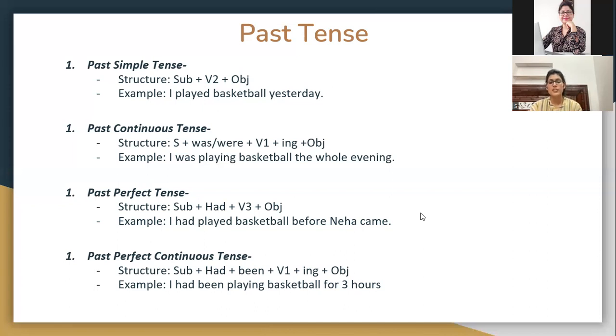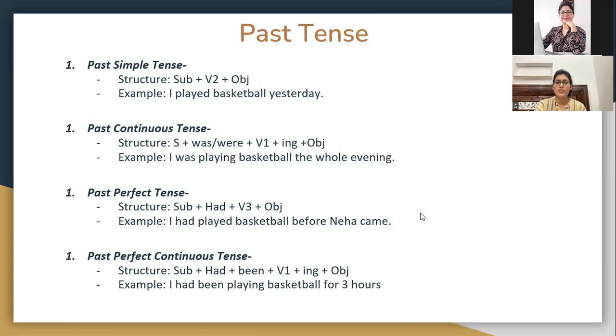And in this past perfect tense, we use helping verb had when the subject is singular or plural. The structure is subject plus had plus third form of main verb plus object. We use the third form of main verb in past perfect tense.